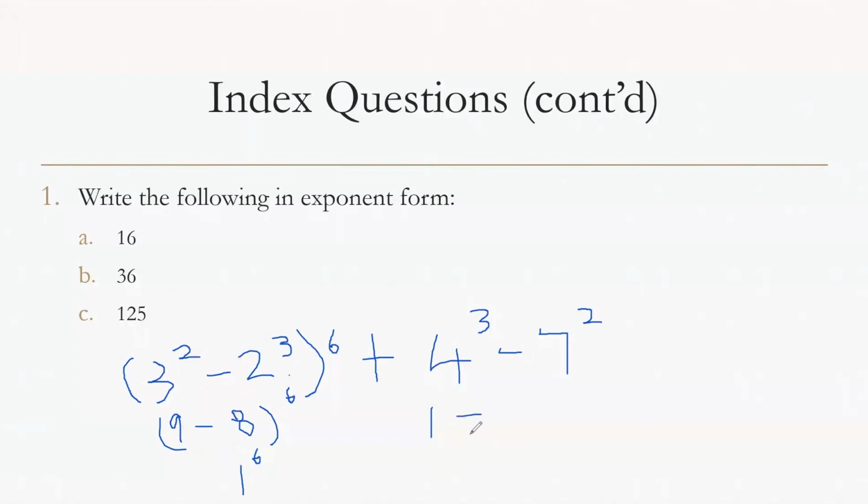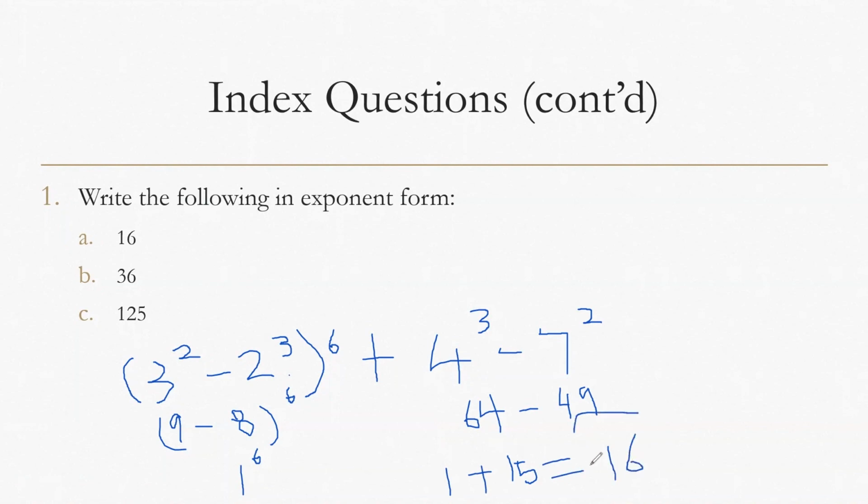Then I have 1 plus 4 to the power of 3. 4 to the power of 3 is 64, 4 times 4 times 4. 7 to the power of 2 is 49. Then 64 minus 49 is 15. And then I have the 1 from before, so 1 plus 15 is 16.